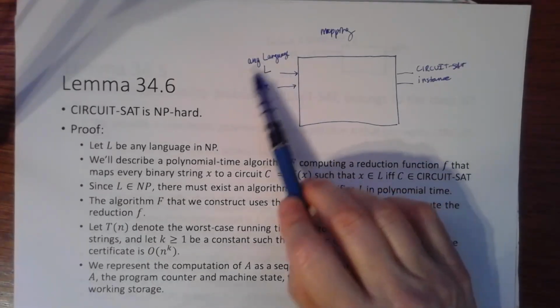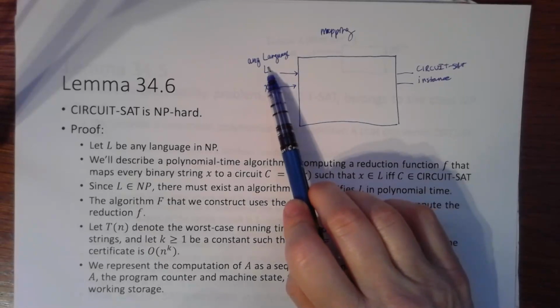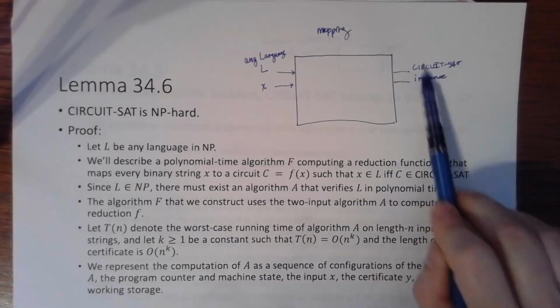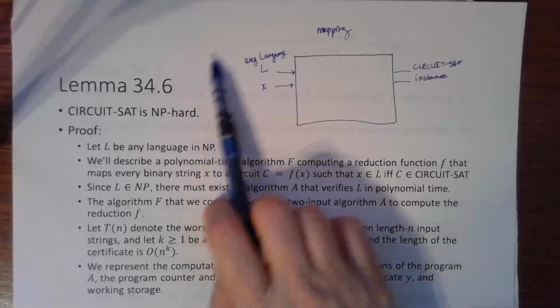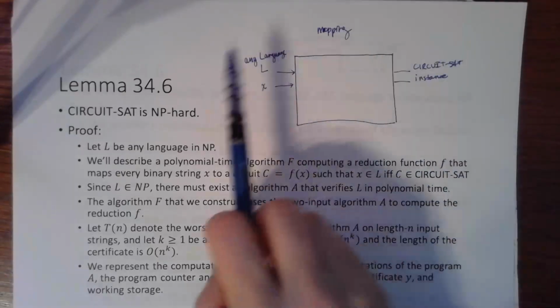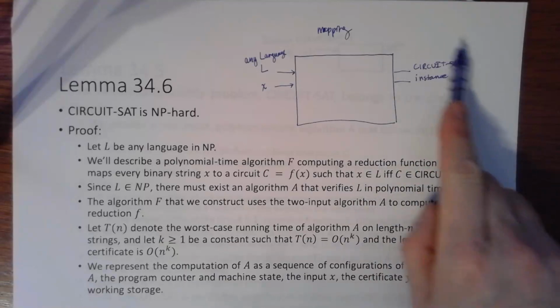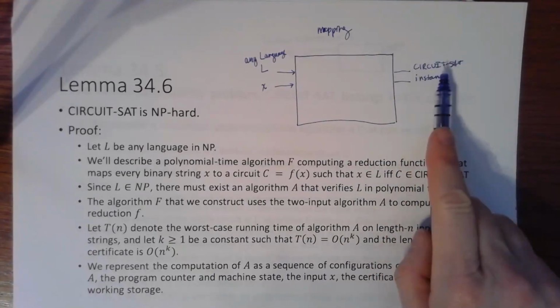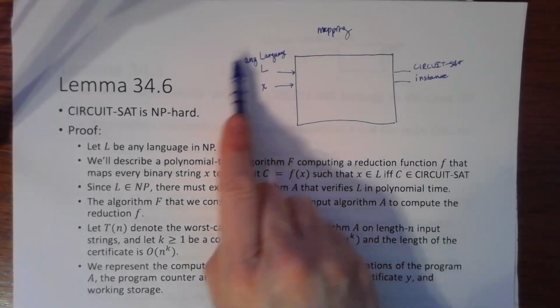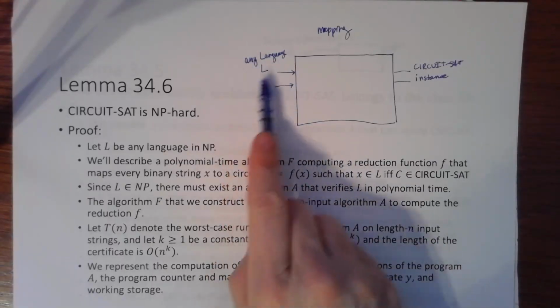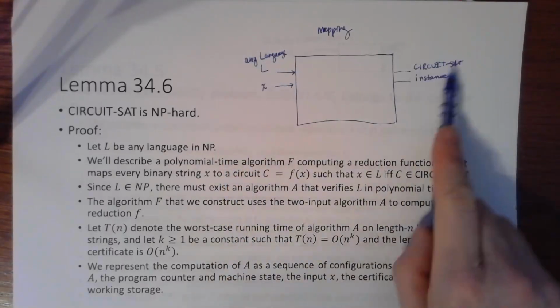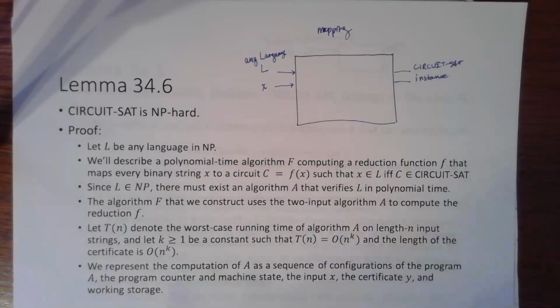I'll accept the input for the language if and only if this circuit is satisfiable. So there's just going to be this mapping. I'm going to take a language and describe how to map it into a circuit satisfiability problem, so that an input to this language is accepted if and only if this circuit is satisfiable.